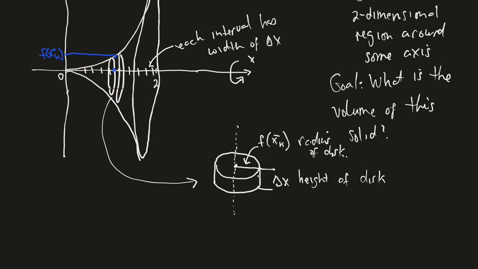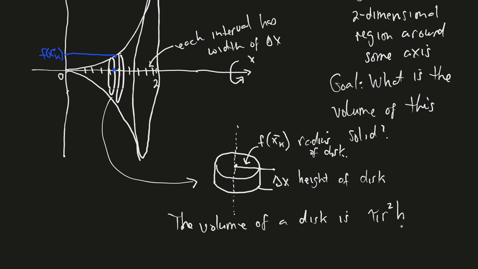So if you remember your volume formula from geometry, the volume of this disk is pi r squared times h. Pi is our constant, r represents the radius, and h represents the height.